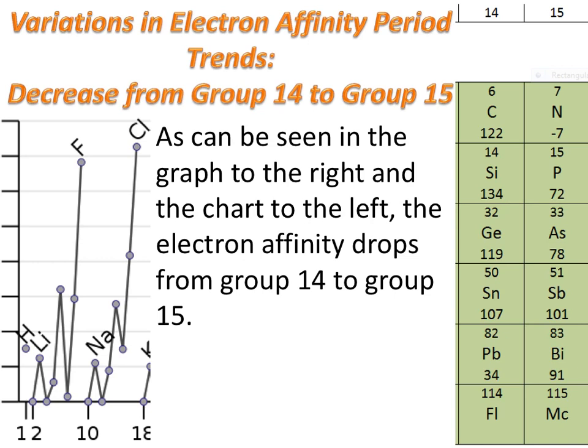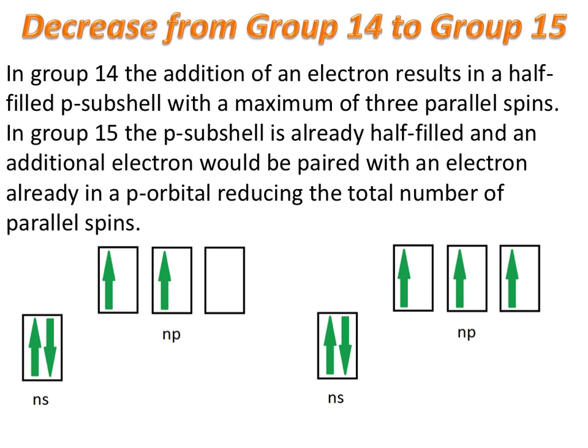Now we go to the group 14 to 15 anomaly. Again, it decreases, decreases, decreases, and decreases from group 14. Well, let's look at what's happening here. In group 14, the p subshell is not completely half full. There are only 2 electrons in that subshell.